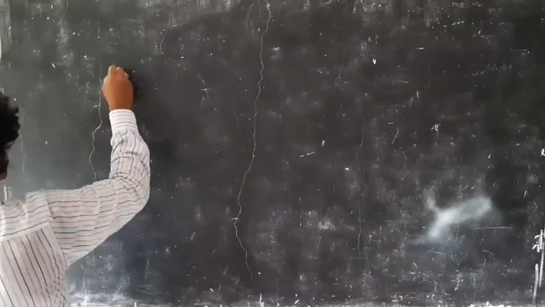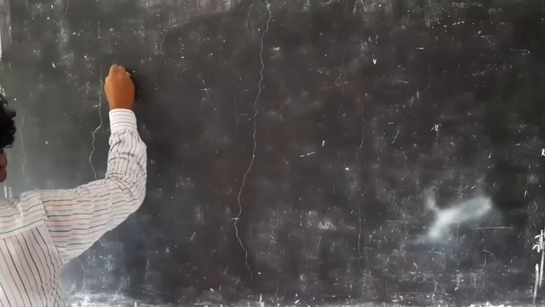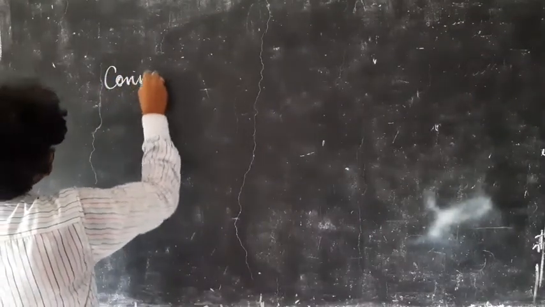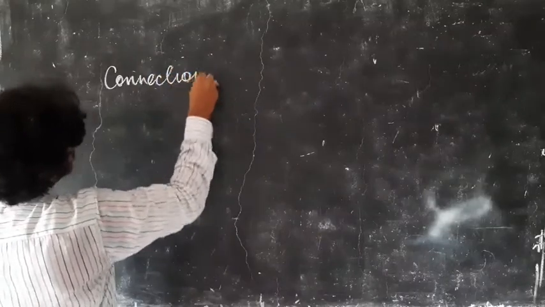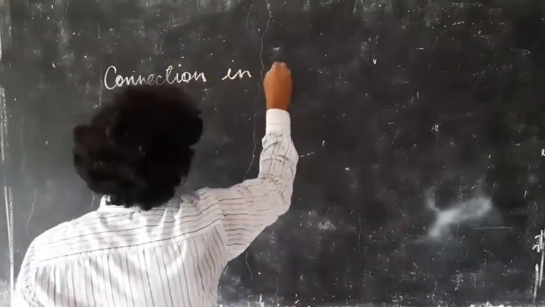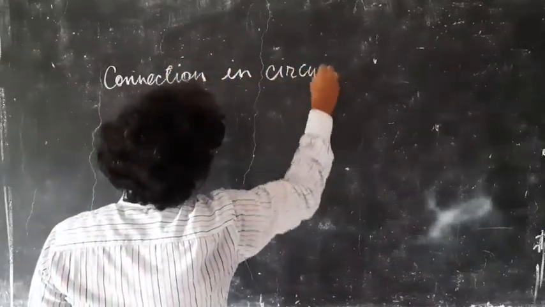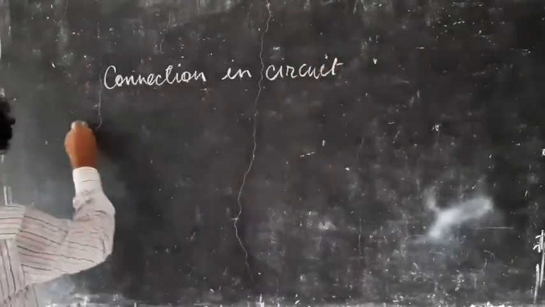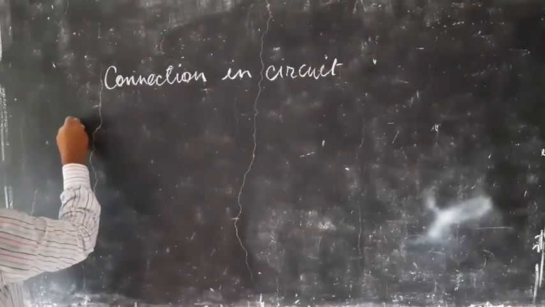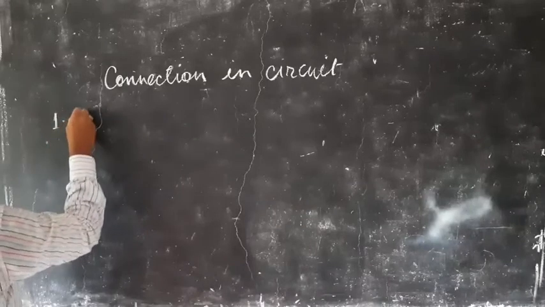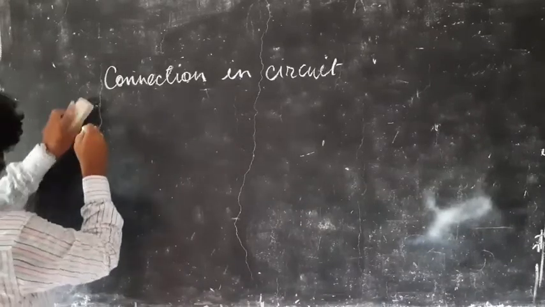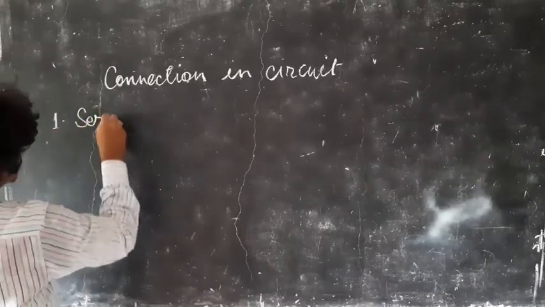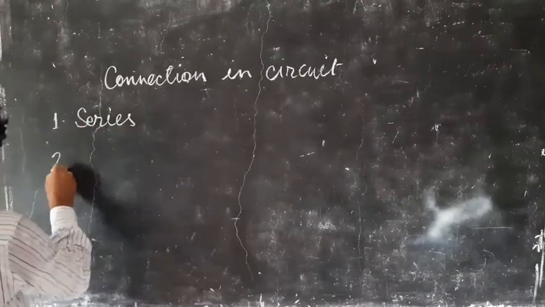So connection in circuit may be of two types. We are talking about only resistance here, not any other material. One is series, second is parallel.